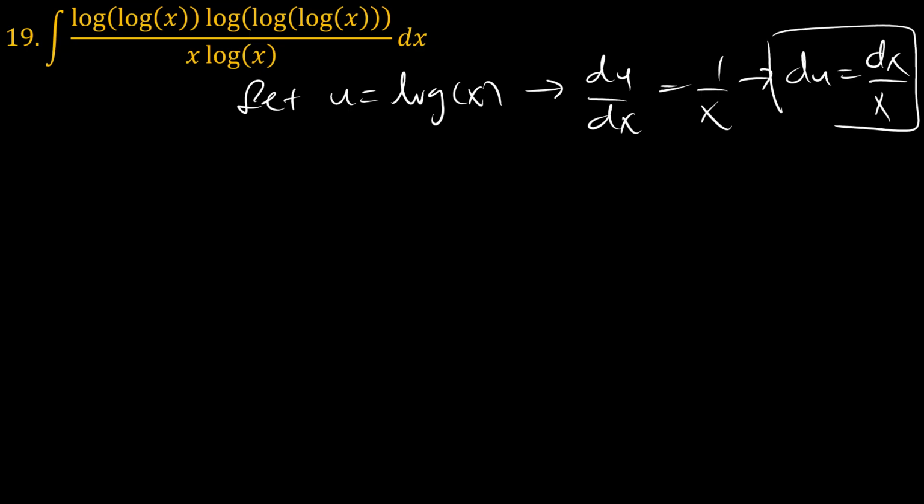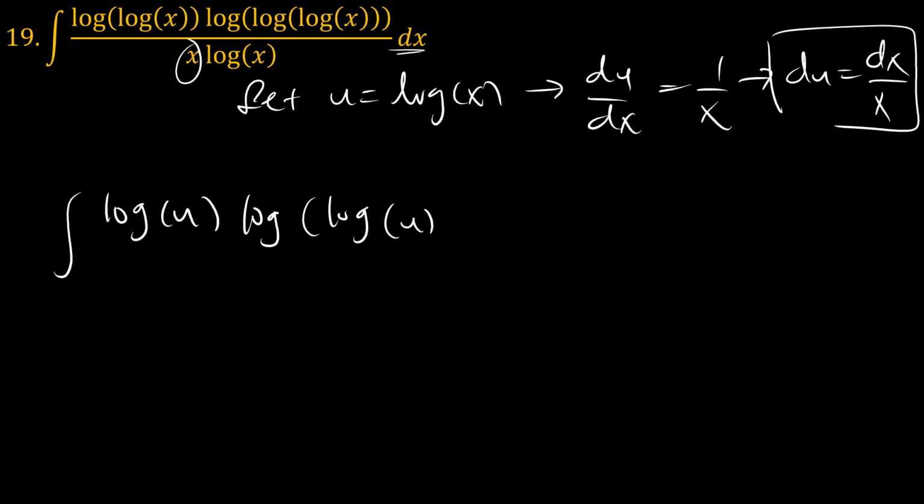So we have already seen that there's an x here in the denominator and we have a dx there. So our problem becomes log of u du over u.